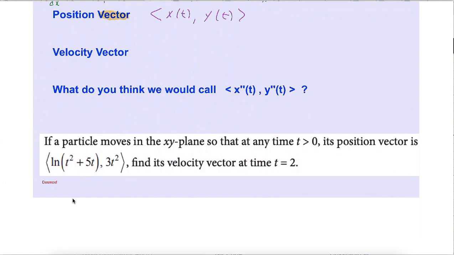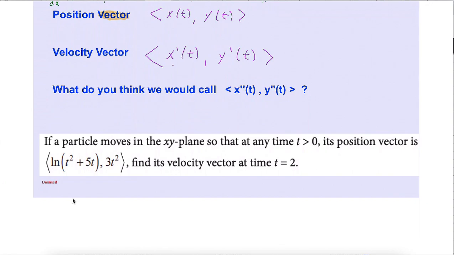It doesn't change anything. The velocity vector would be dx/dt, or if you want, you can call it x prime of t, y prime of t. We call that the velocity vector. These two numbers are the direction, the horizontal rate of change, and the vertical rate of change. So what do you think we might call x double prime of t, y double prime of t?